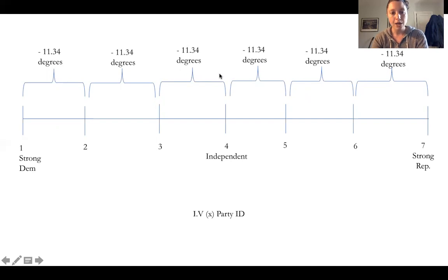If we go up another unit, going from someone that leans Democrat to an independent, it goes down another 11.34 degrees. So that continues until we reach the end of the scale. All of those 11.34 degrees actually add up to quite a bit. So the entire impact of partisanship is actually very big. We would take 11.34, add it up a number of times, and then we get a very big difference between people who are strong Democrats and people who are strong Republicans.